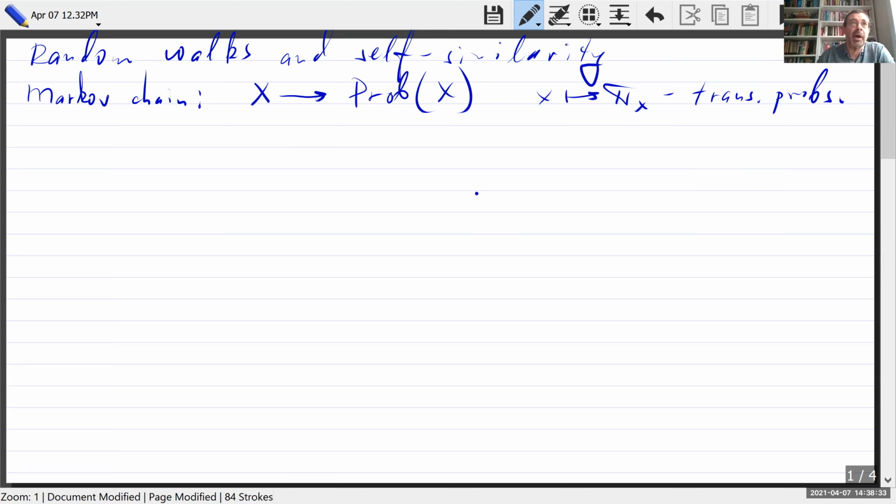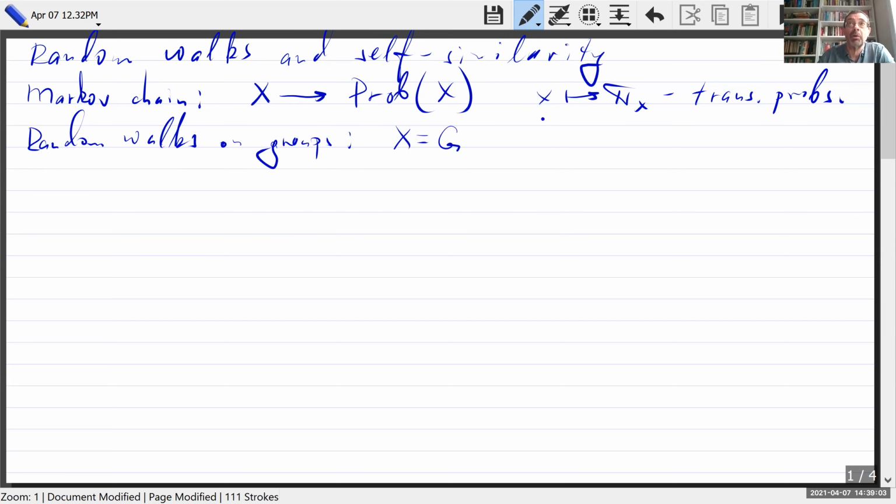Now I will be talking about random walks on groups. These are the Markov chains which are homogeneous in space in the most natural sense. Namely, now our state space is a group, which I assume to be countable.